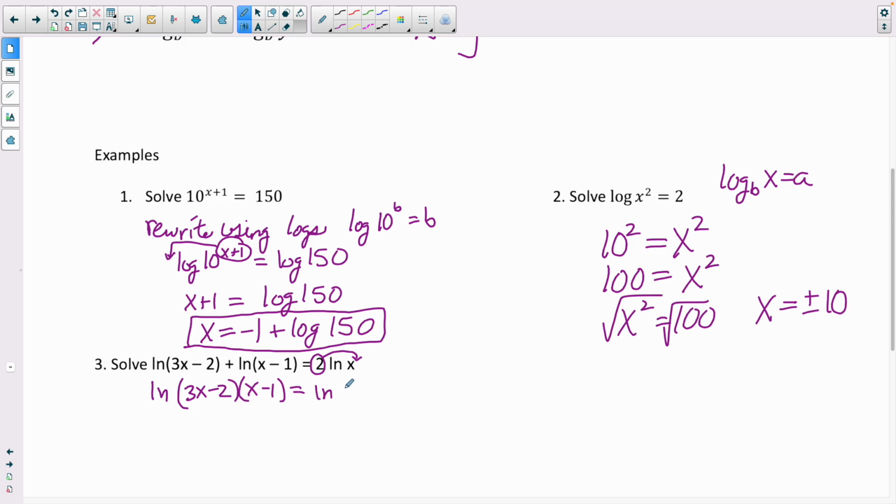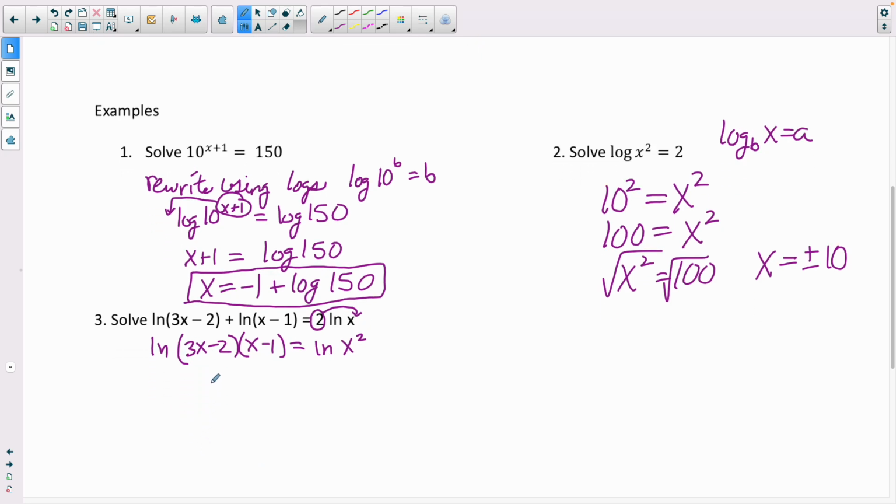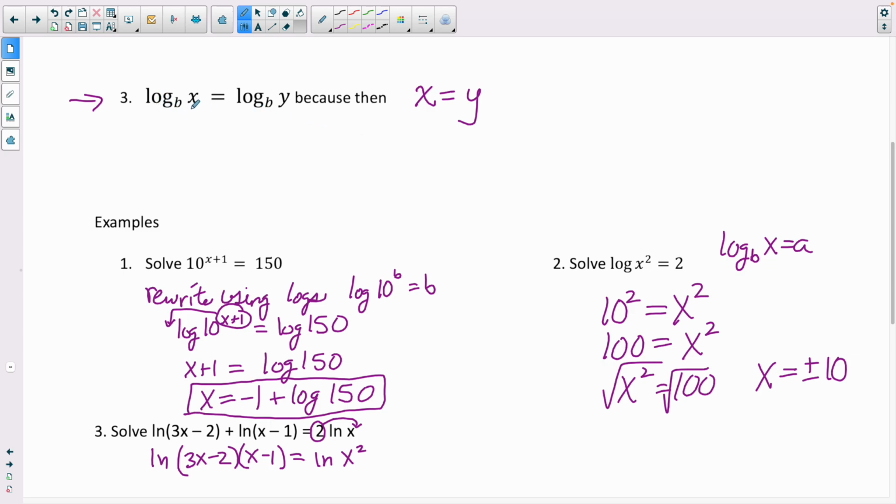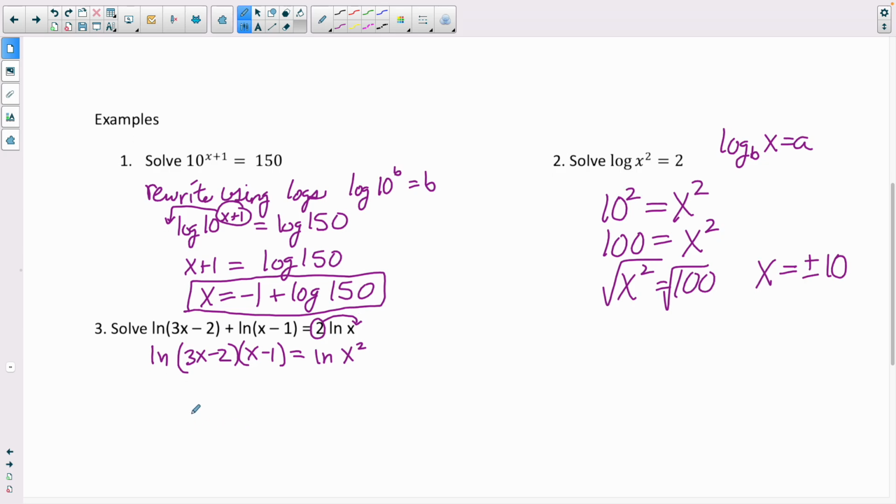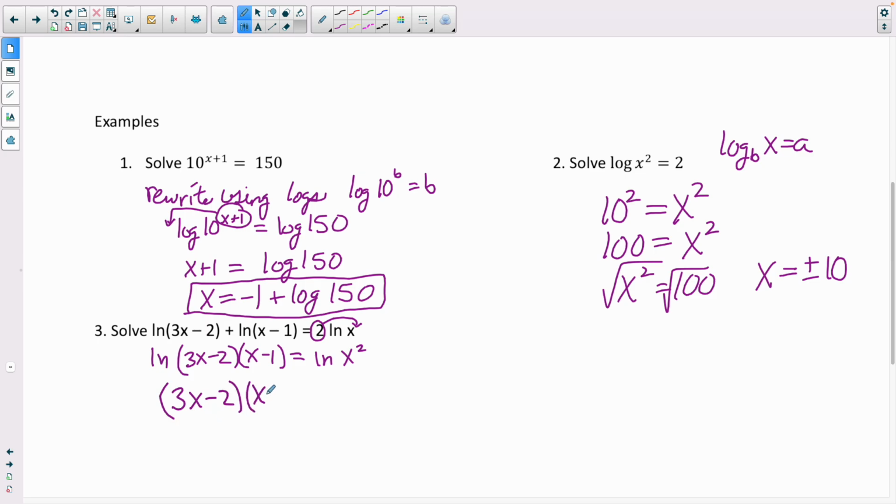So this becomes natural log of x squared. Now that I have a single log on the left-hand side and a single log on the right-hand side, the arguments must then be equal, right? Log base b of x equals log base b of y, then x equals y. So I'm going to have 3x minus 2 times x minus 1 equals x squared.